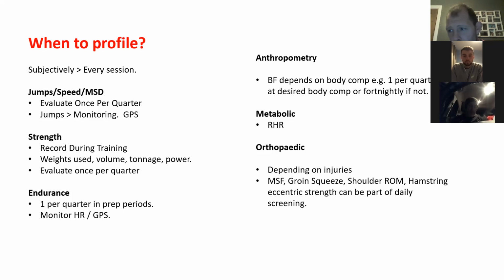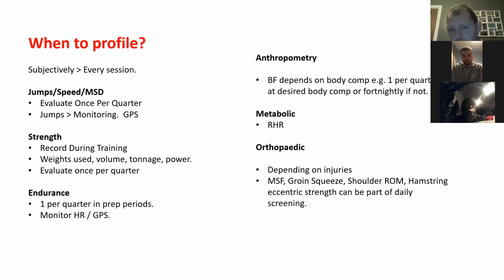Because remember, the purest form of any test is the sport itself, and sometimes we lose sight of that, right? And then again, 1 per quarter in prep periods. Outside of prep periods, unless you have to make an intervention with someone, then I think that the game looks after an awful lot of that.